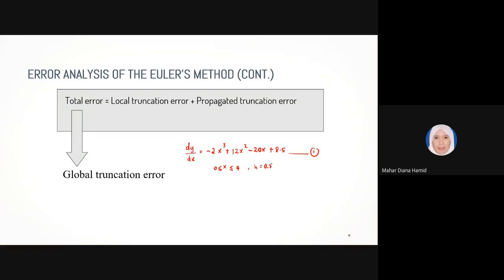In order for us to know the global truncation error, if we solve it analytically, we can get the exact solution as y equals negative 0.5x to the power of 4.